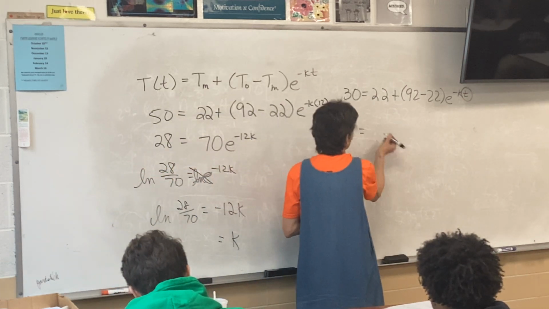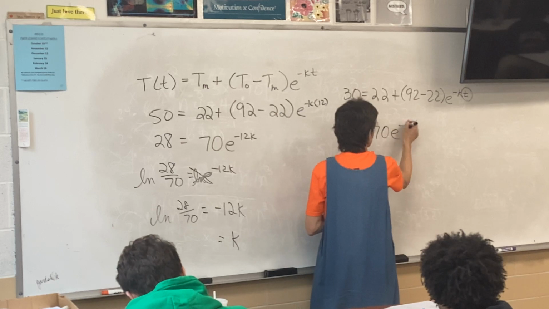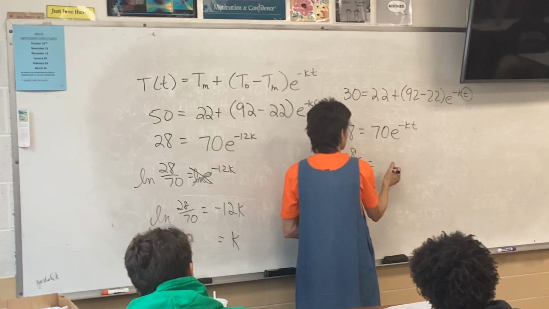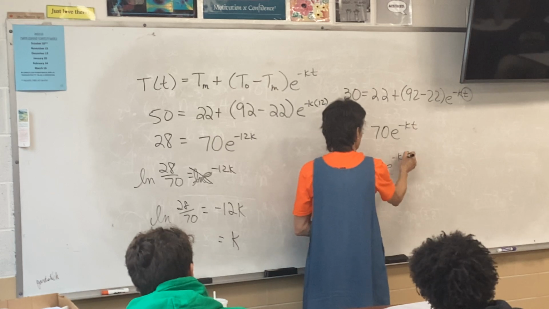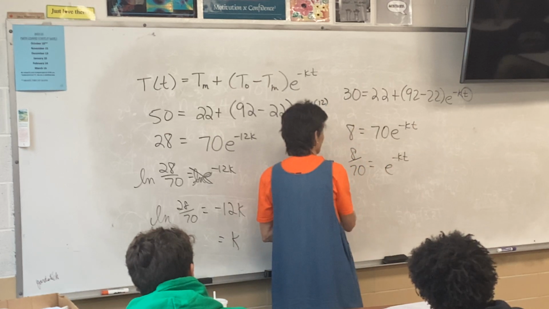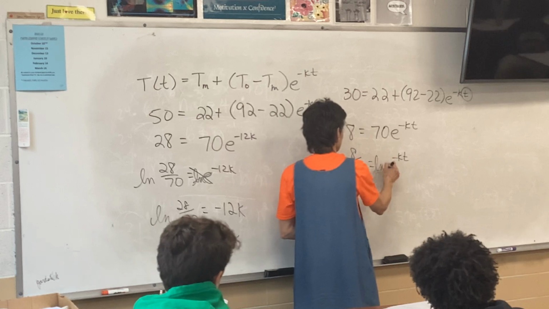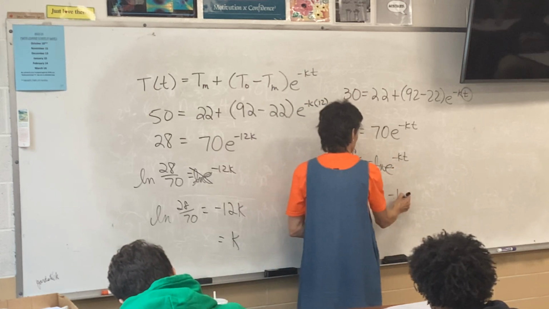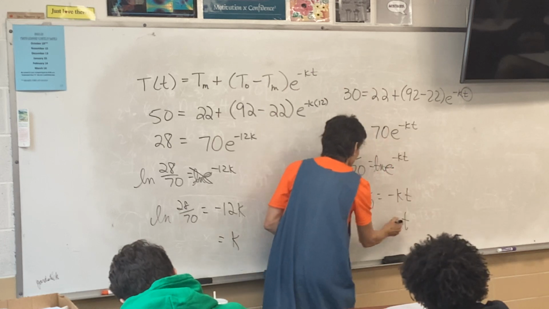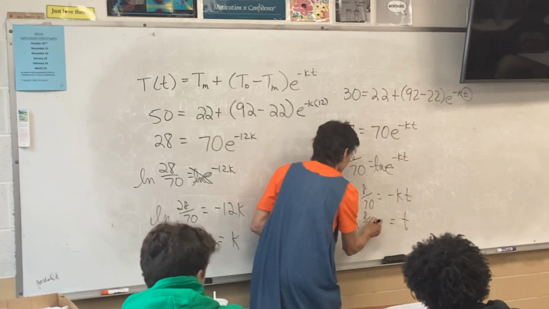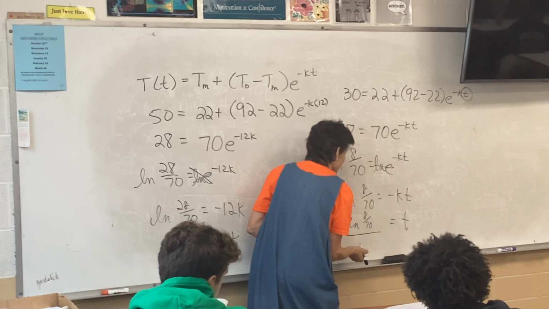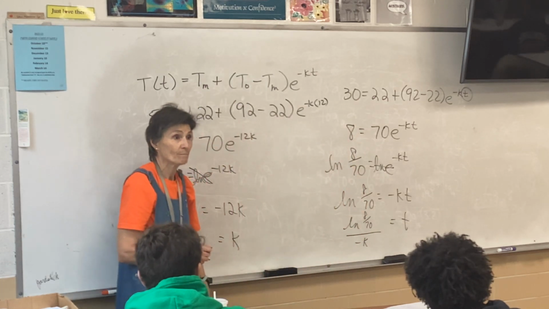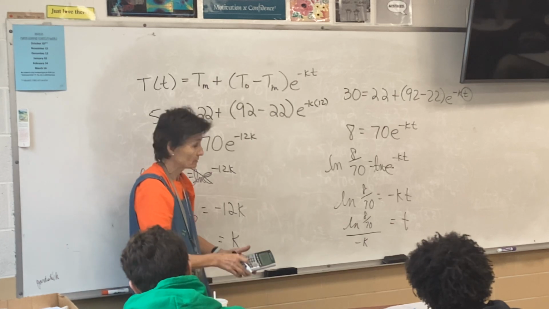So 8 equals 70 e to the negative kt. So 8/70 equals e to the negative kt. Are you keeping up here, guys? So my time is going to be ln 8/70 divided by negative k, but k is the number in my calculator.